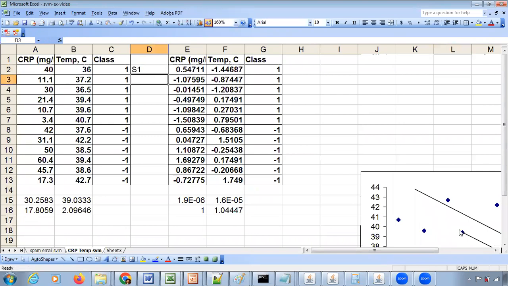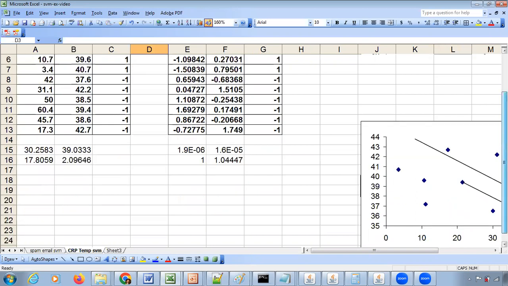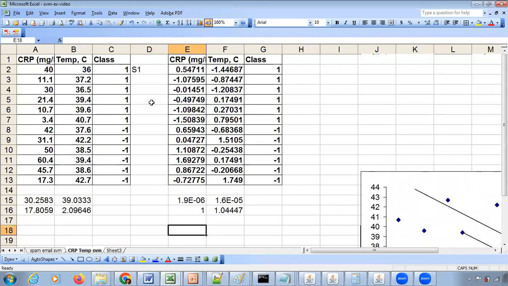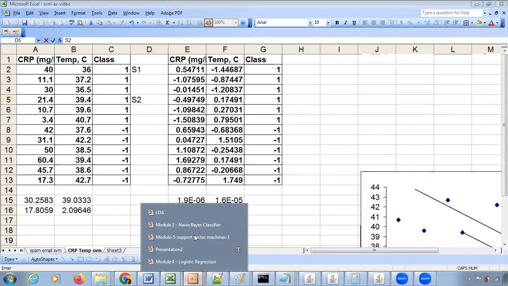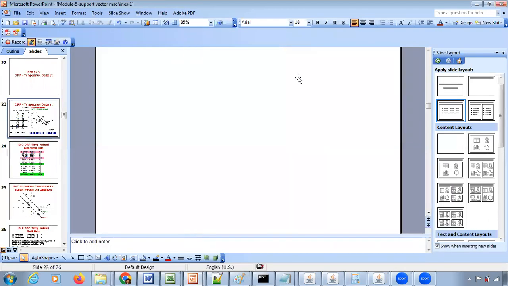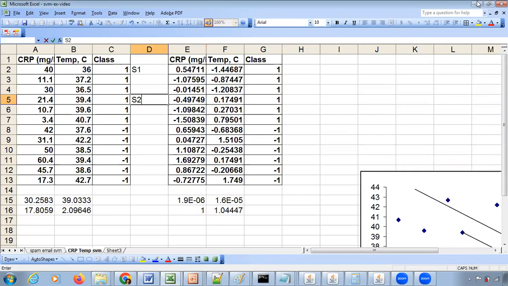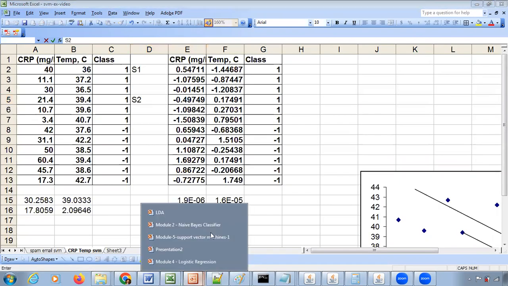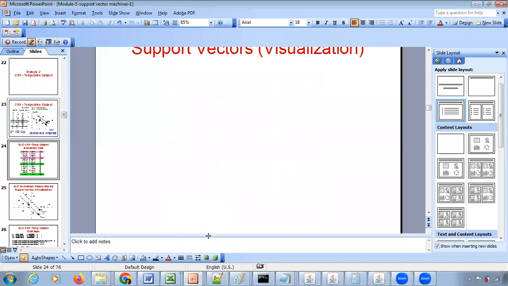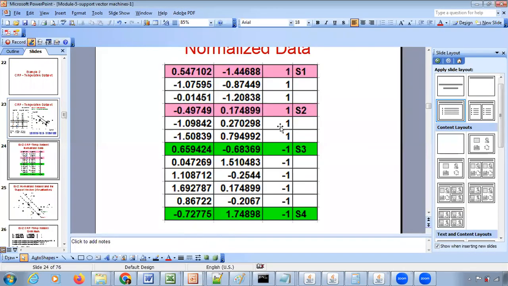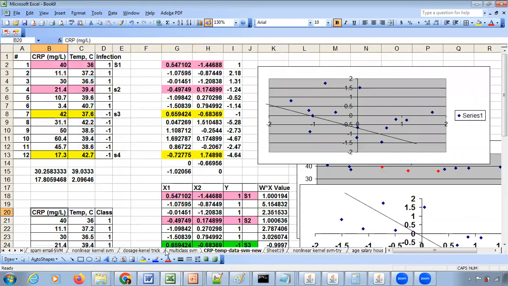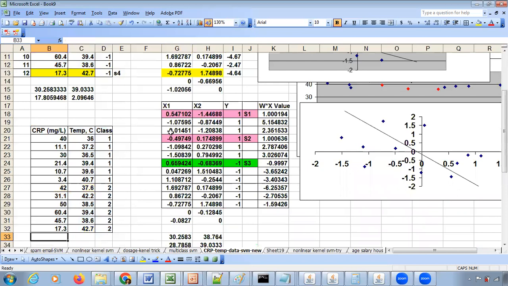And then this point, which should be 21.4, 39.4, this one is support vector 2. Is it the same ordering I'm following here? Yes. And then the last one, using only 3, I believe. Yes. So this should not have been there. Let me change this. Yeah, this should have been this one.